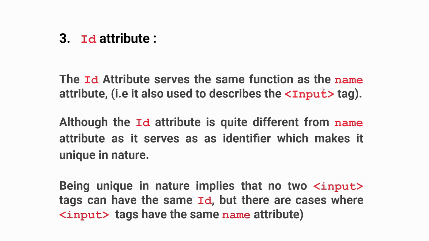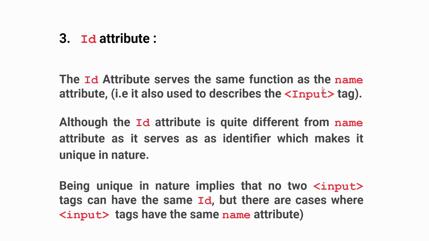That means if you have probably a form of 10 input tags, you are going to have 10 different ID attributes under each of those input tags. Yes, no two ID attributes would be the same. It's going to be totally different. But there are cases where input tags have the same name attributes.